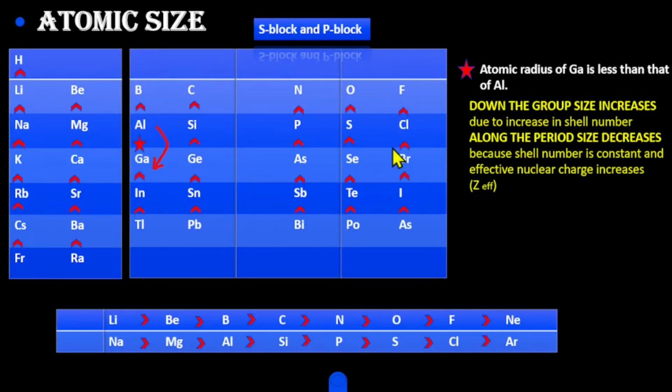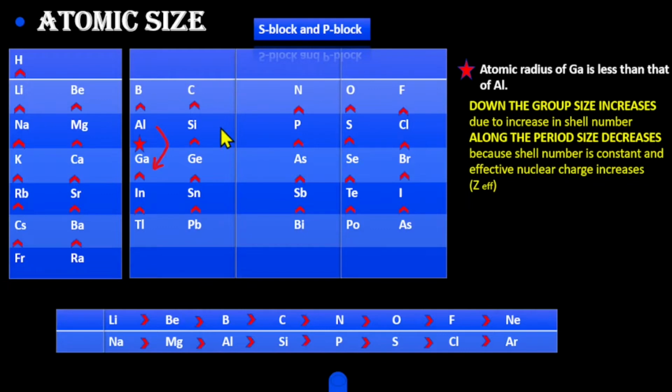Down the group, size increases due to the increase in shell number. Shell number will increase, so there will be less force of attraction on the outermost electron, hence size will increase.